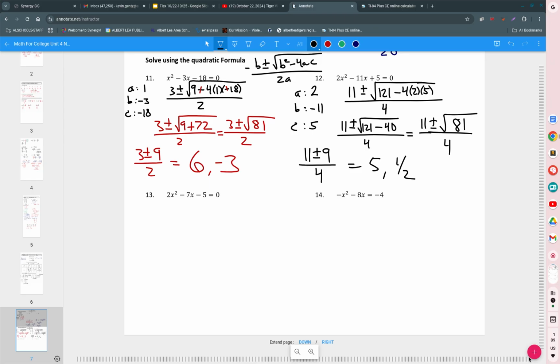Okay? Now, let's flip to our homework. We're going to move forward one spot here. So instead of solving by completing the square, we're going to simply use the quadratic formula one right here.